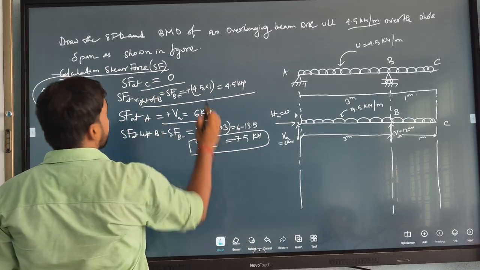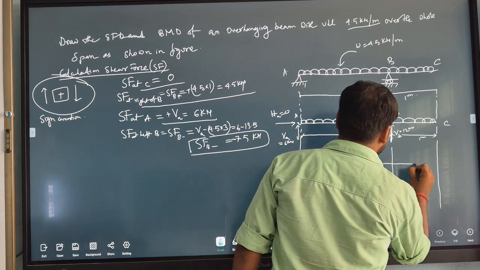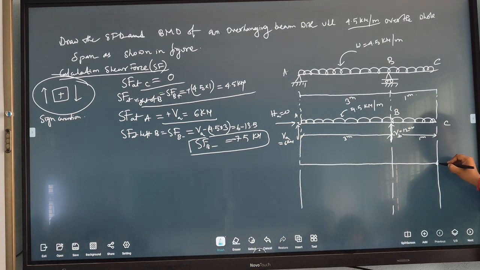Now draw the shear force diagram. Now shear force at C, how much? 0.